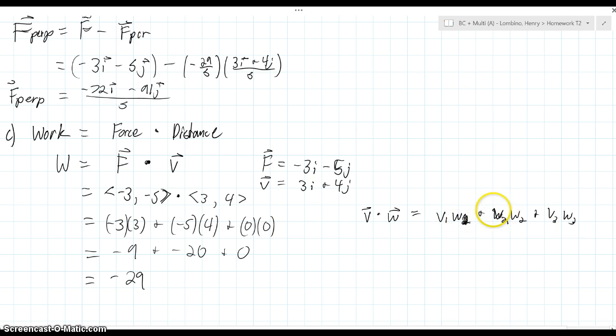So that's just that dot product rule, and you can see as you go through here, we have the -3, -5 from the F by the dot product of 3, 4. Multiply them out, plug it in here, and then you solve it out algebraically until you get your answer of -29, and that's your work for the problem.